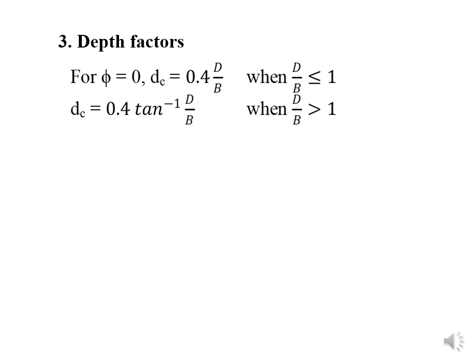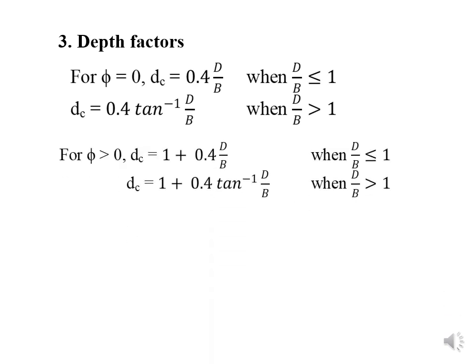So likewise, depth factors can also be calculated. For phi is equal to 0, you can calculate the values of DC is equal to 0.4 D by B, when D by B ratio is less than or equal to 1. DC is equal to 0.4 tan inverse D by B when D by B is greater than 1. So these conditions we have to see when phi is equal to 0.